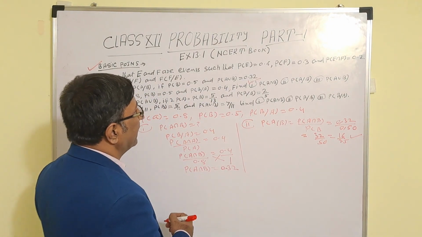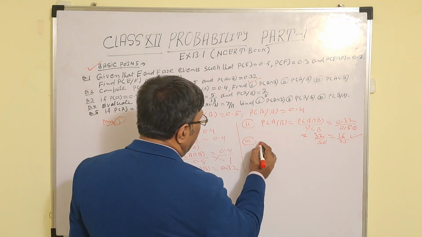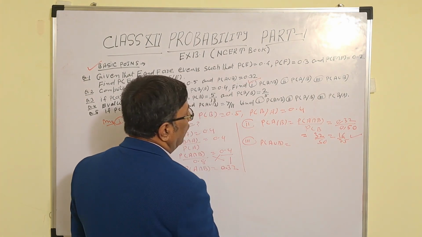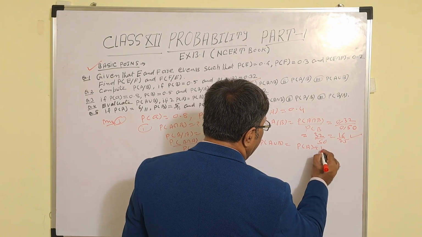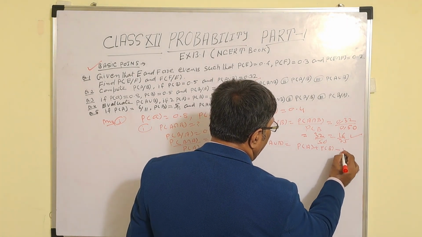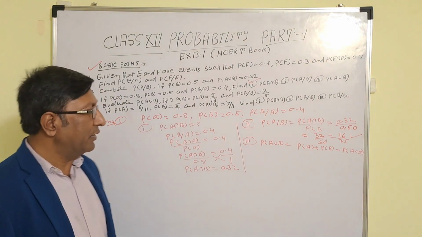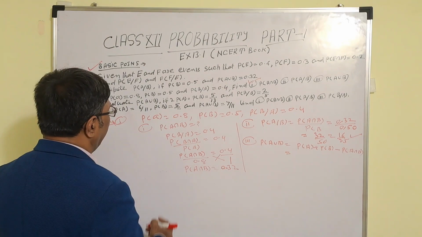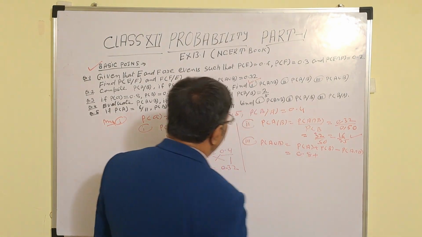Now the third part. The third part of this question is probability of A union B. So you know probability of A union B is probability of A plus probability of B minus probability of A intersection B. Everything we now have: probability of A is 0.8, so put the value 0.8.